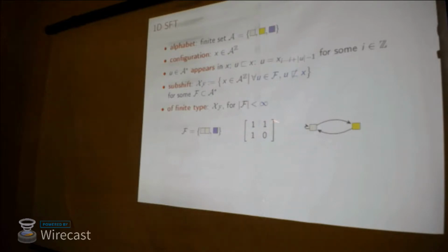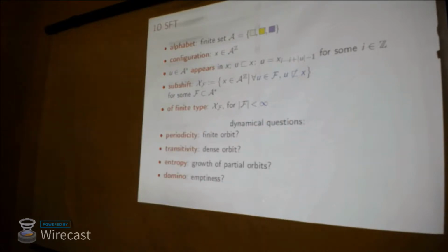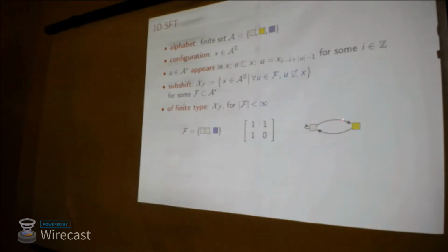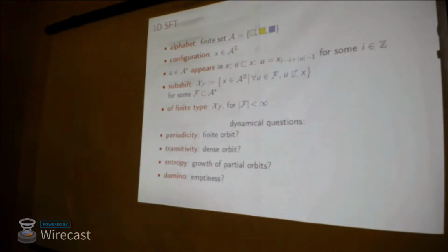And here is the matrix of the graph, which is also very relevant, because in this case we can easily answer all of these questions. Is there a periodic orbit? Clearly yes. It's a cycle in the graph. A dense orbit, it's a little less trivial, but they correspond to the bi-infinite paths that contain every finite path.